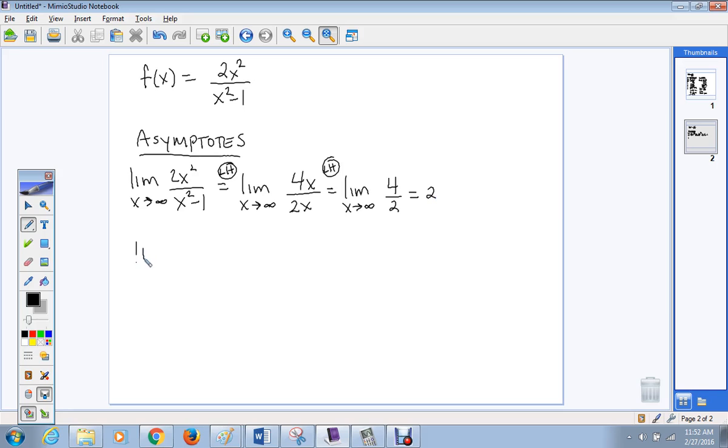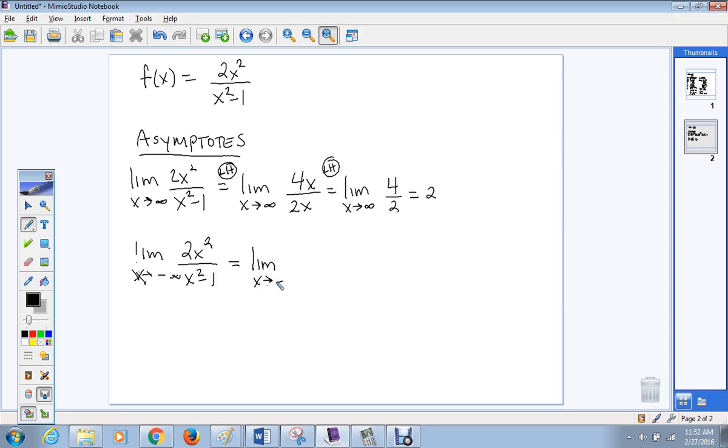We also have to check the limit of our function as x approaches negative infinity. Now if we plugged in negative infinity, we would again get infinity divided by infinity.